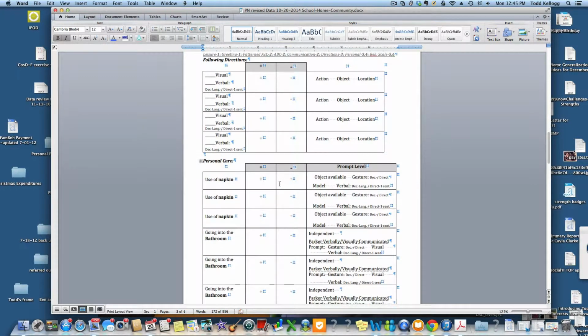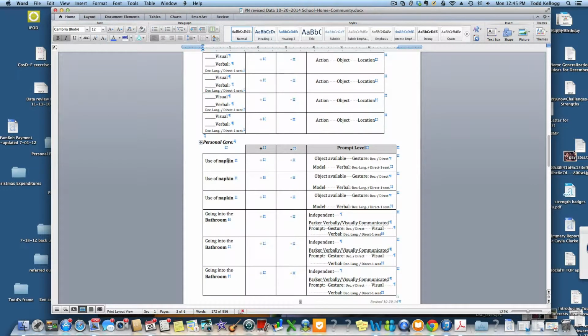Personal care, Parker using his napkin, for example. Object available means that the napkin was available, so we have to have it available if he's going to use it. If that's all that was required and he used it on his own, then we just circle that in a plus. If we did a gesture, declarative or direct.